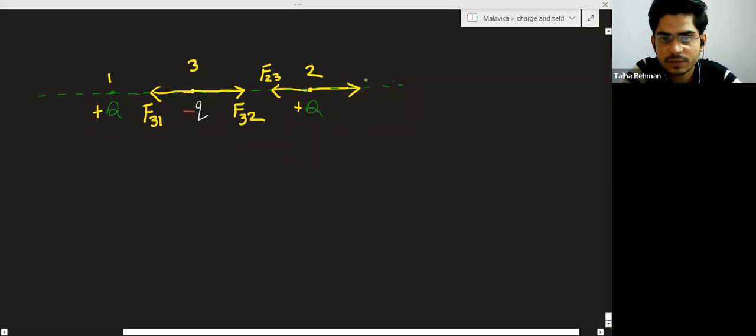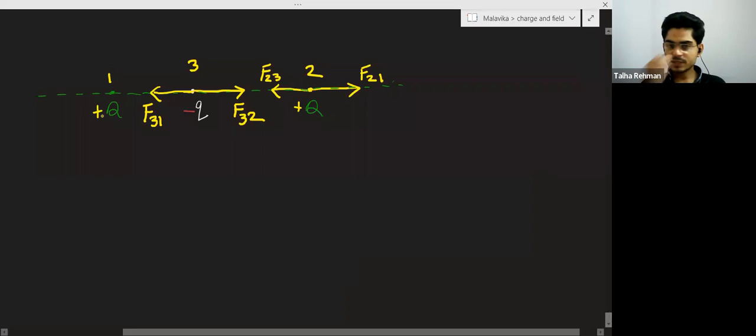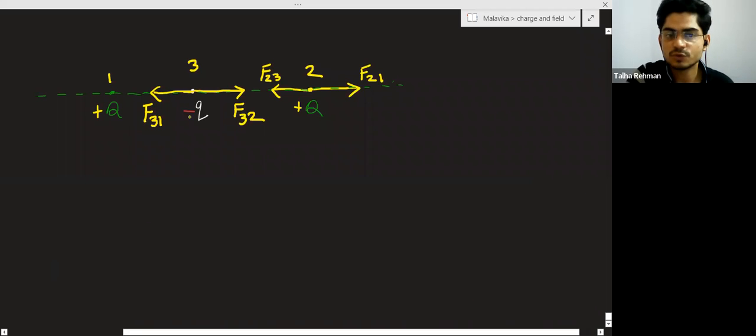So I can say force on charge 2 due to charge 1. So this can be in equilibrium also, and same is the case with this when you do the same thing. So when I place the negative charge, there is a possibility that all the three charges are in equilibrium.